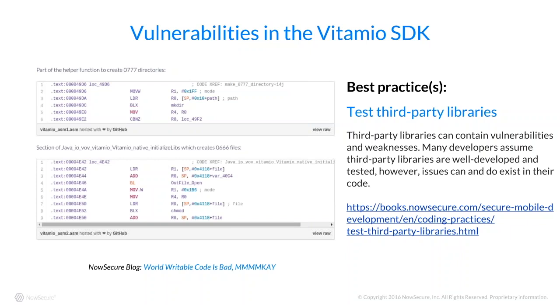The problem is, when the Vitamio library is initialized, it creates a world-writable directory and then extracts its payload of several native libraries into this directory with world-writable permissions. Jake Van Dyke, who's talked about this before in other webinars, outlined how you can pick an app that uses this library and then swap out one of its native libraries with our own and cause it to run our own code. He also outlines how you should test those third-party libraries.